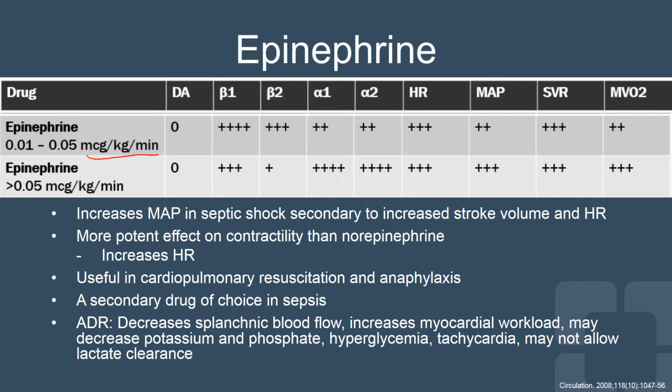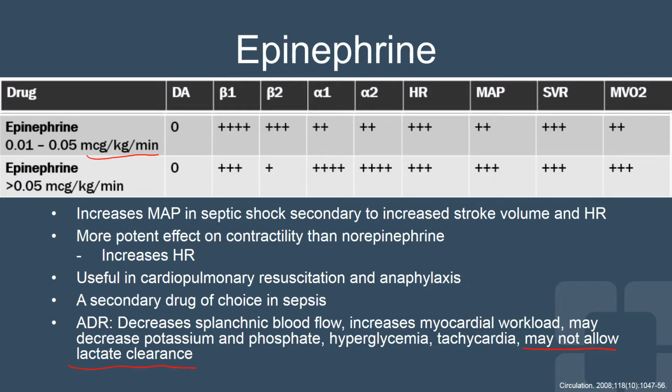Adverse drug reactions include decreasing splanchnic blood flow and increasing myocardial workload. It may decrease potassium and phosphate, but typically it's not significant enough as to where you need to be too concerned, but notice that it may happen. Hyperglycemia, tachycardia, and then a big one here is that it may not allow lactate clearance.